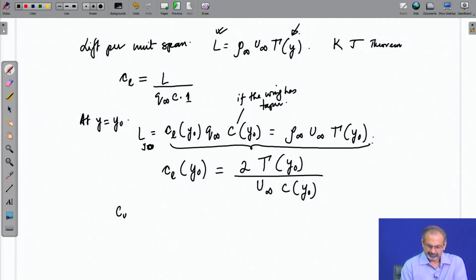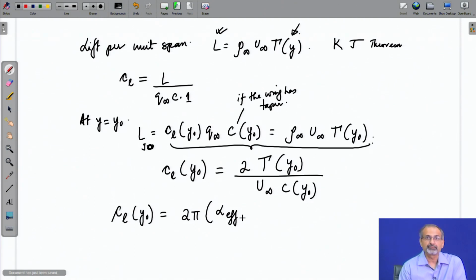So, CL at y naught again is by definition 2 pi (alpha effective at y naught minus alpha L equal to 0 at y naught).